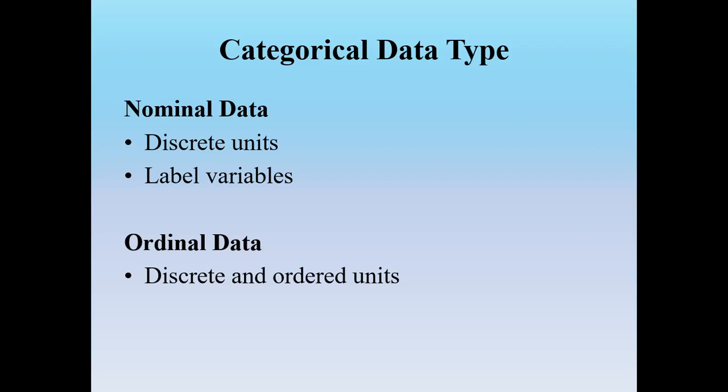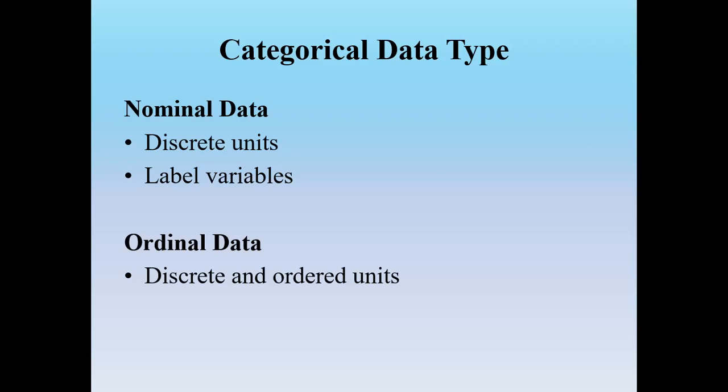Then we move to the next one, ordinal data. Ordinal data represents discrete and ordered units. For example, what is your education background? This is the question, and you have 4 options. The first option is elementary, the second is high school, the third is undergraduate, and the fourth is graduate.